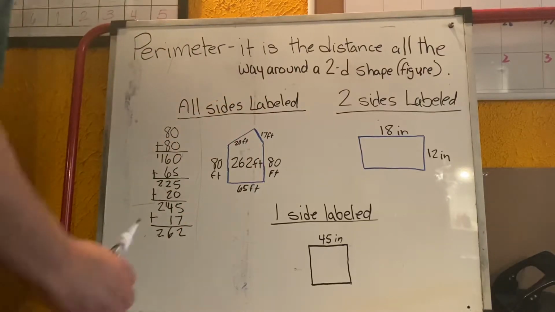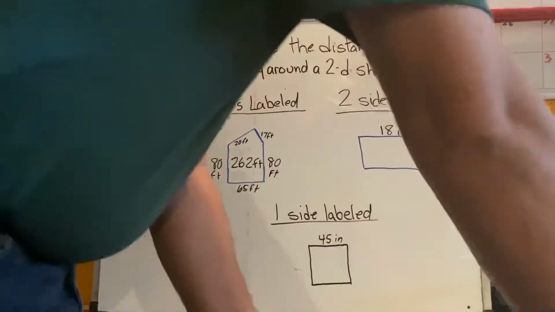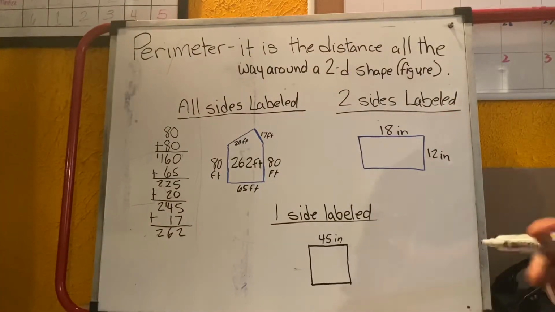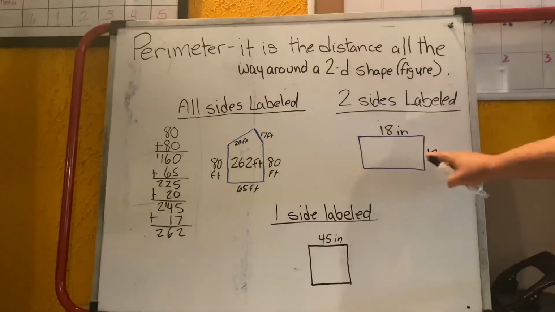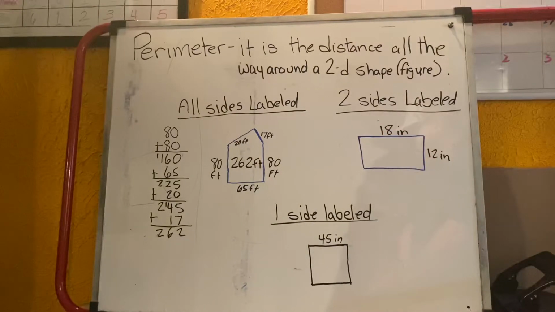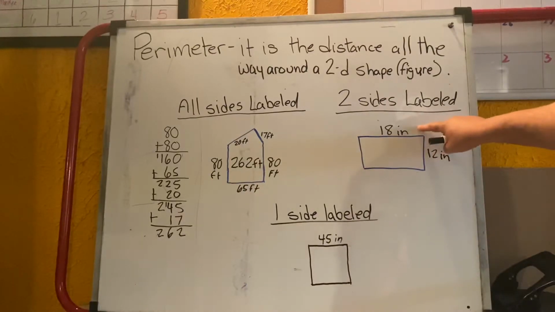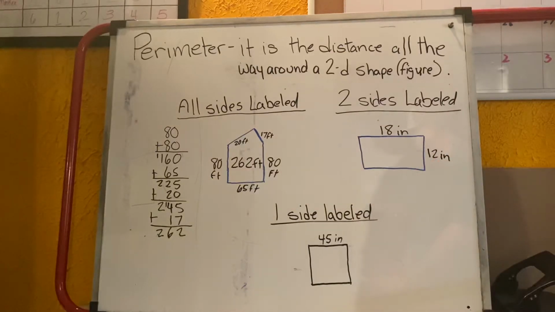Now, let's take a look at the next one, whenever we have only two sides labeled. Here we go, we've got a rectangle, right? It's only giving us 18 and 12. What do we do about the other two sides? That's easy, because we know what one side is on a rectangle, the other side is exactly the same.